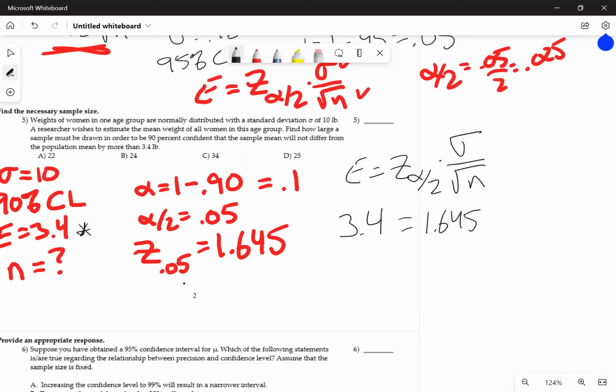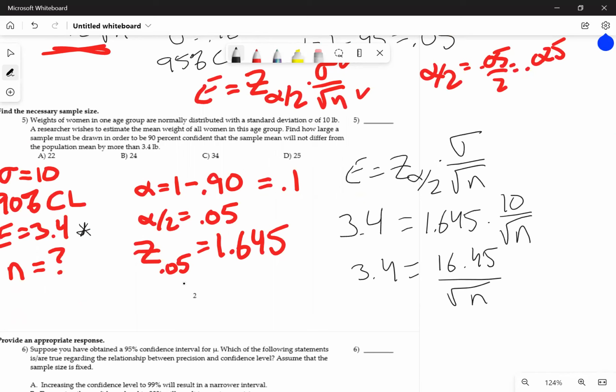My standard deviation is 10. And I'm looking for n. Okay. So I multiply this by 10. I get 3.4 equals 16.45 over the square root of n.